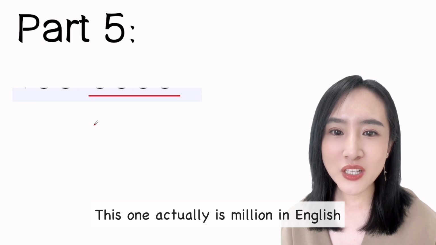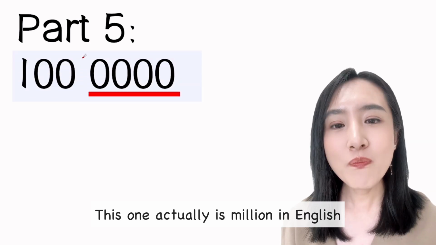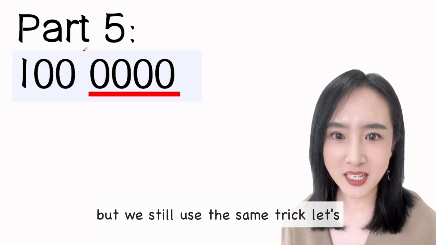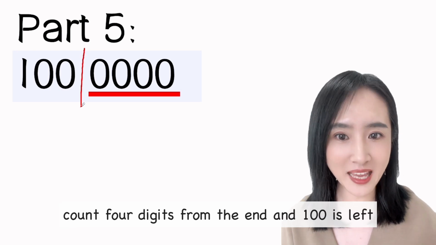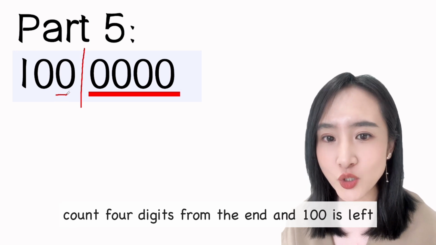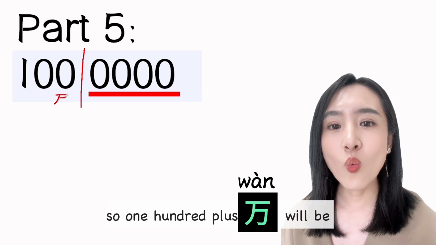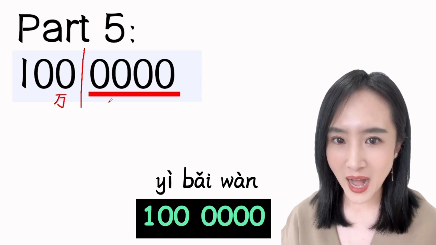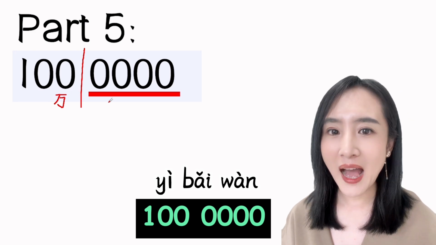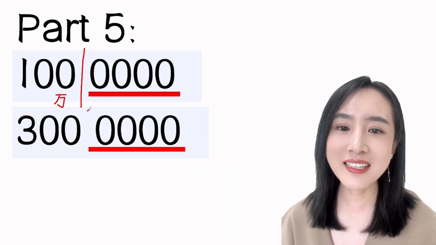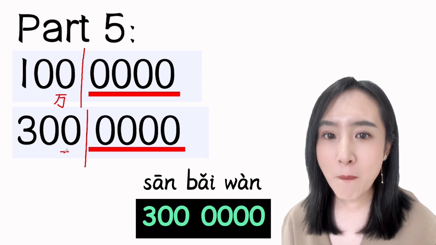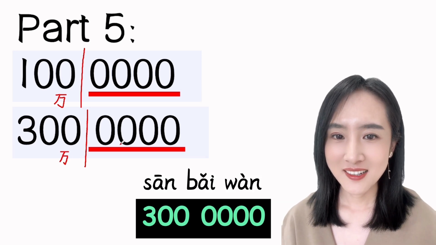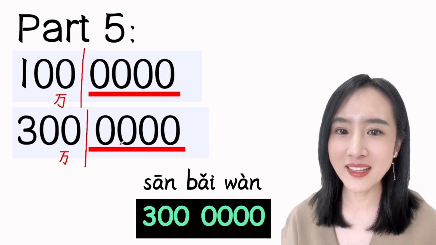And a bigger number. This one actually is a million in English, but we still use the same trick. Let's count 4 digits from the end and 100 is left. So 100 plus 万 will be 100,000, right? And the second one is 300,000.